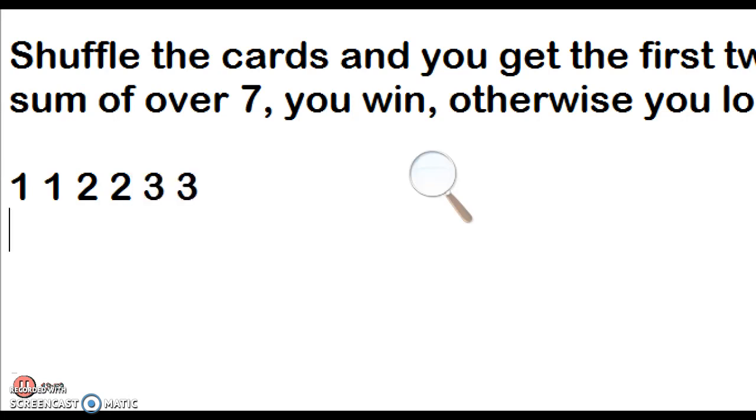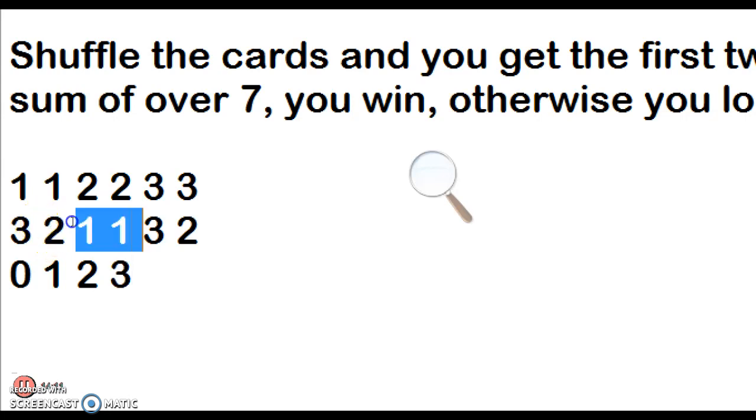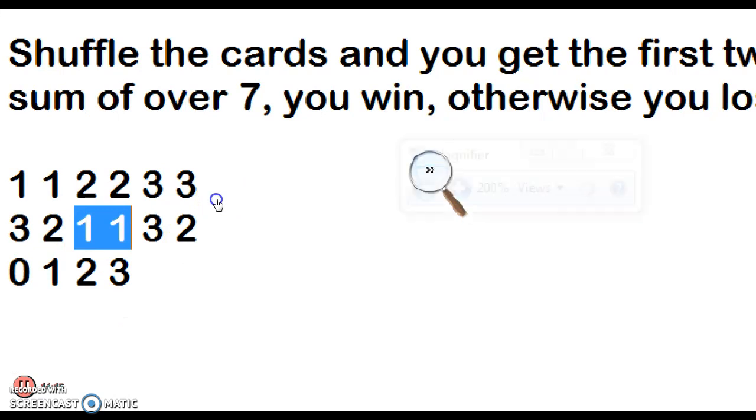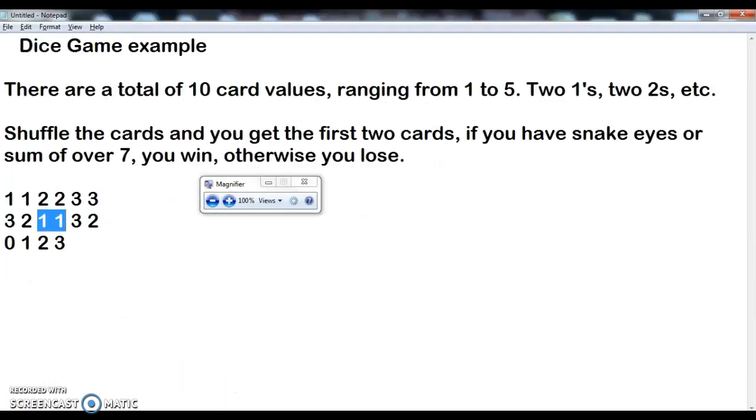But after it gets shuffled, it might be like this. So initially, the card at location 0 is a 3 compared to here's a 2. Then for the second game, I would actually win because ooh, snake eyes. Okay? So now when we hit run, it should work.